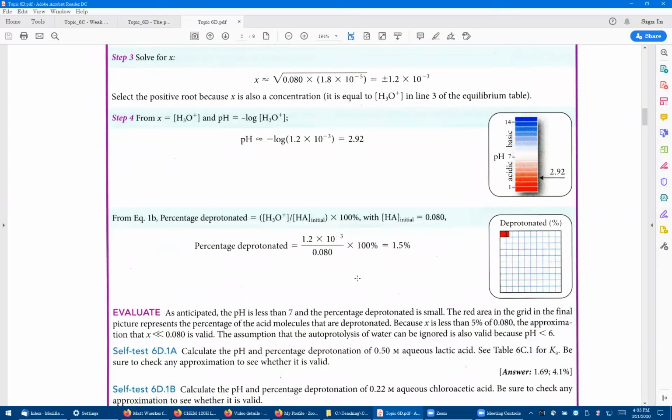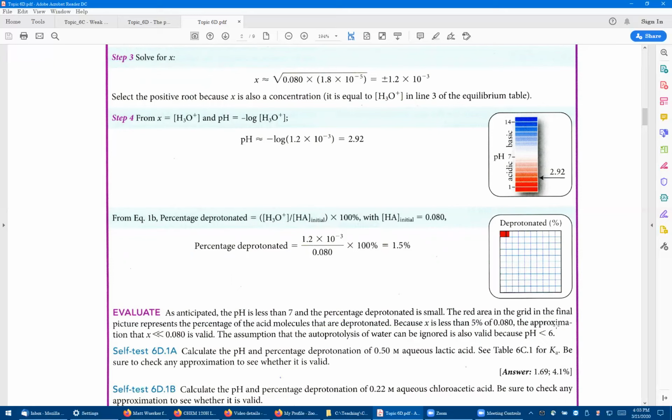We're going to assume in all cases that we deal with that the hydronium ion concentration from the water itself is negligibly small. I only point this out because in his examples here, he talks about the assumption that the autoprotolysis of water can be ignored is also valid. And he uses that as a criterion that the pH is less than 6.